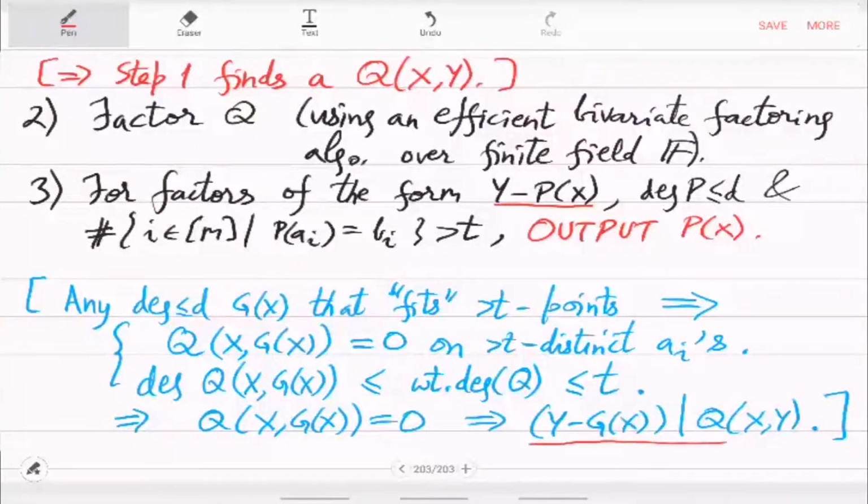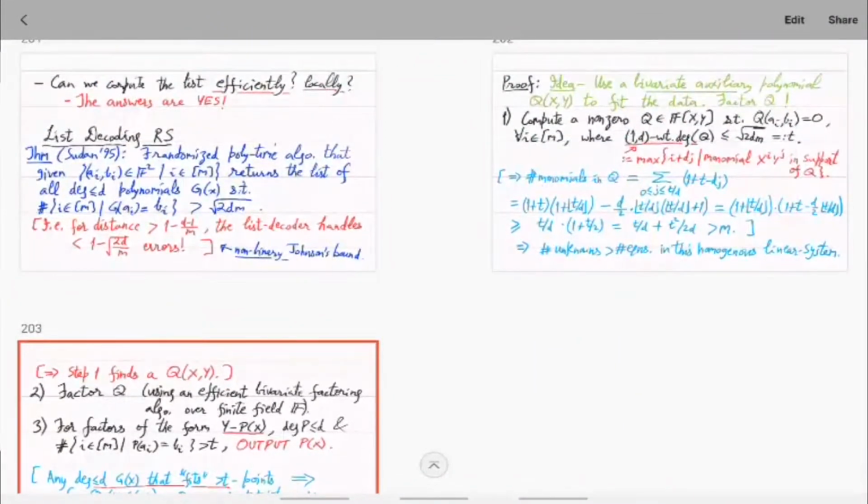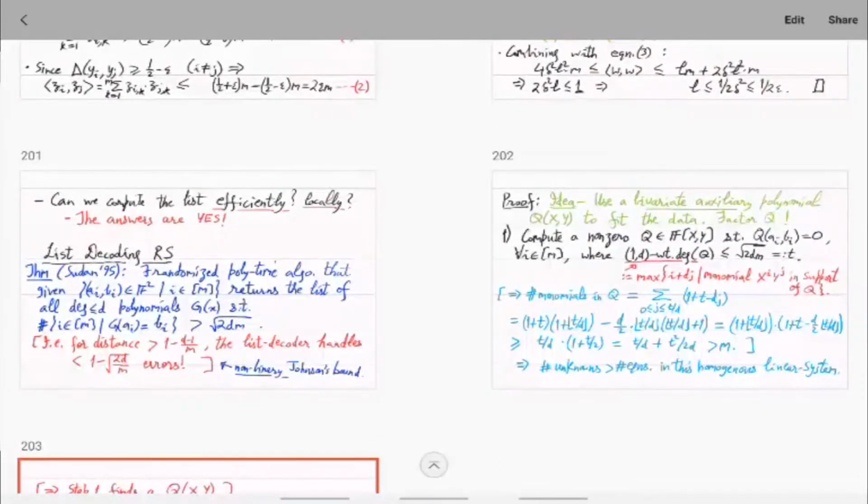Okay, so any degree d polynomial G(x) that fits a lot of points actually appears as a factor, hence factorizing Q made sense in step 2 and our output is correct. Okay, so this algorithm, with the ideas and the descriptions given, analysis given, finishes Sudan's theorem.